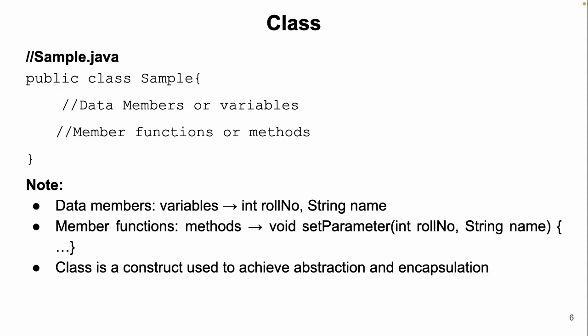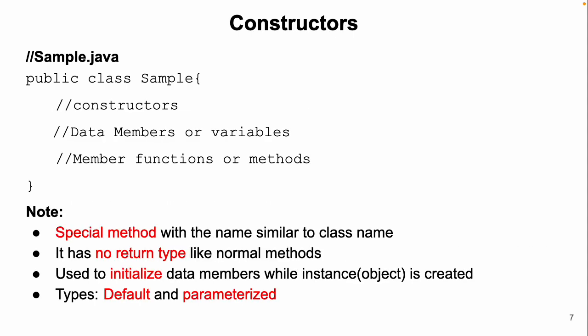Using a class we can achieve two characteristics or properties of OOPS: one is abstraction and another one is encapsulation. So now, constructors.